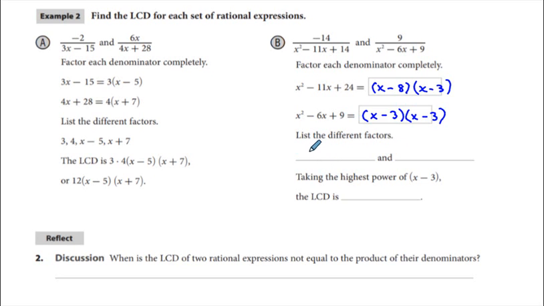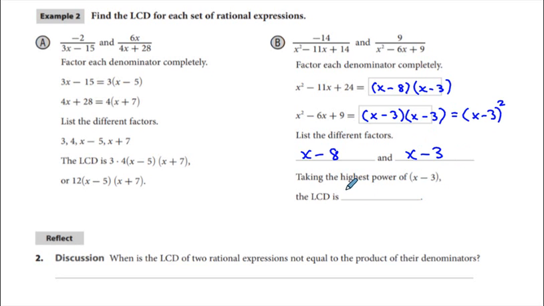And list the different factors. We're going to have x minus 8 and x minus 3. And it says taking the highest power of x minus 3, well, that's going to be quantity x minus 3 squared.